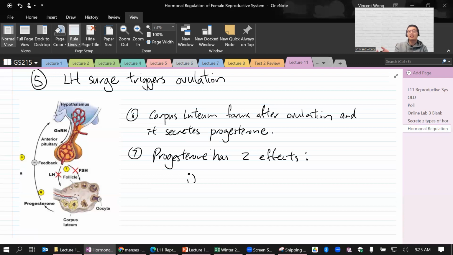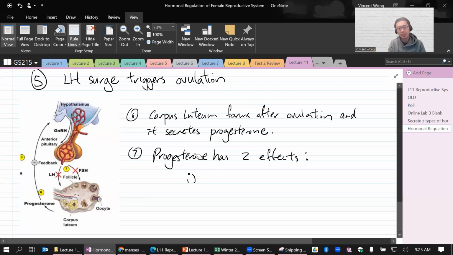So it doesn't make sense for the body to create another egg at this point. We don't need another follicle to develop because we already have an egg in the fallopian tube. So one of the effects of progesterone is to decrease or inhibit GnRH secretion from the hypothalamus.